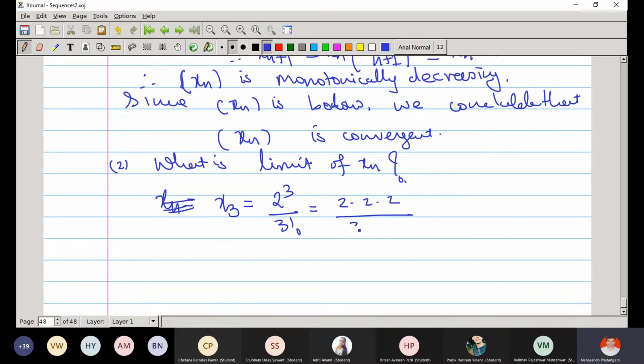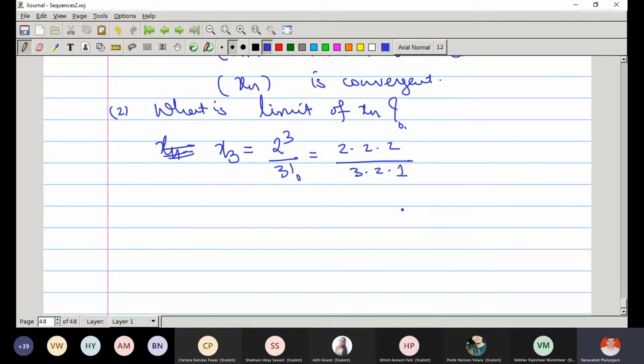What is the denominator? 3, 2, 1. So what I will do, I will just separate out these two things, that is 4 upon 2 and 2 by 3. I will separate this out.